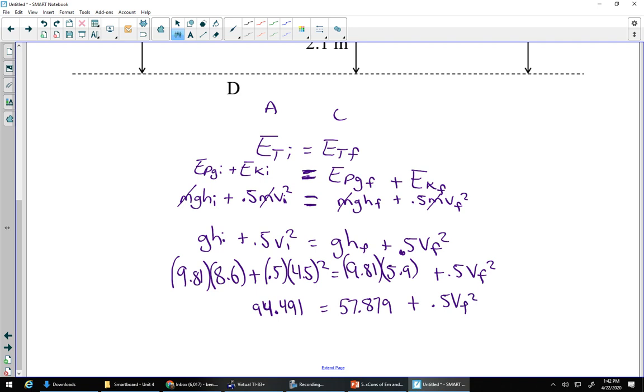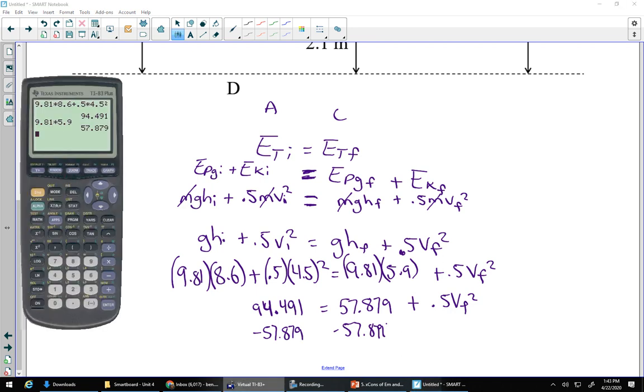Okay, now what I want to do is subtract 57.879 from both sides of the equation. So let's go back to the calculator, and let's do 94.491, and I'm going to subtract from that the answer from before, 57.879.